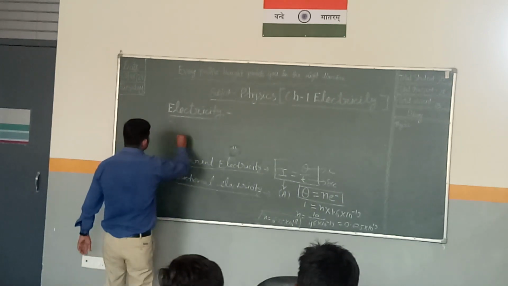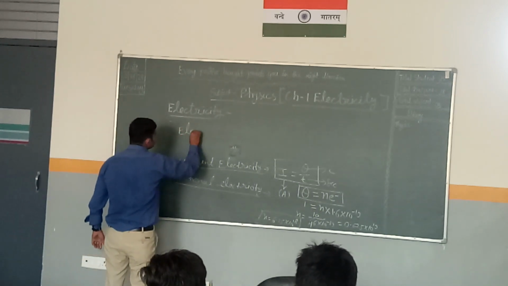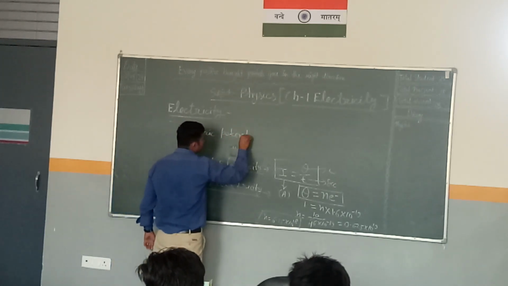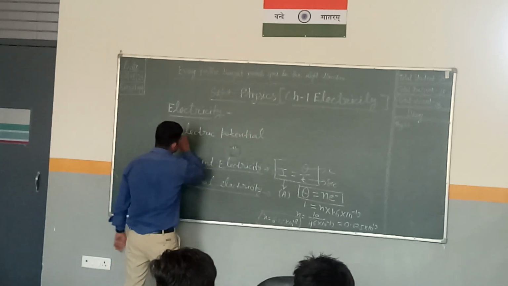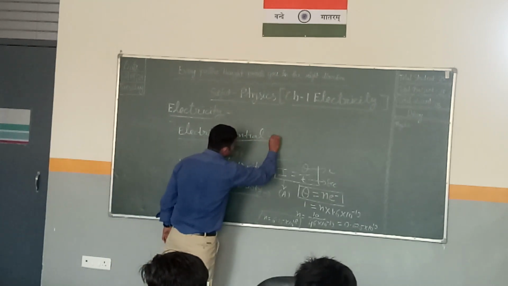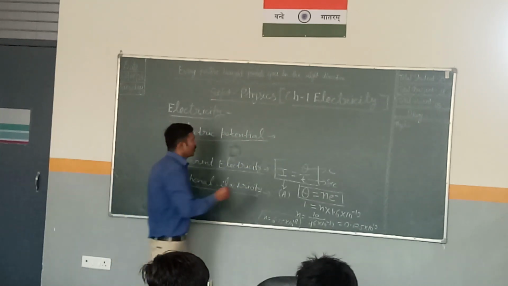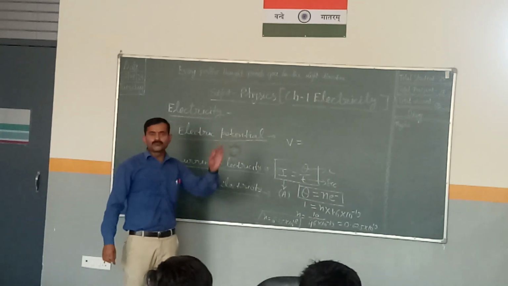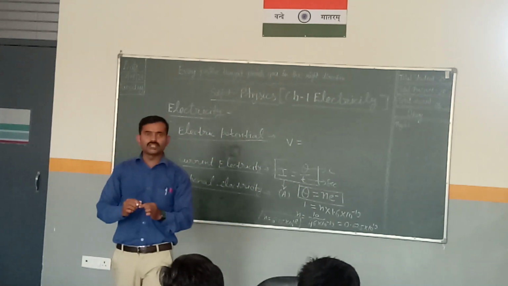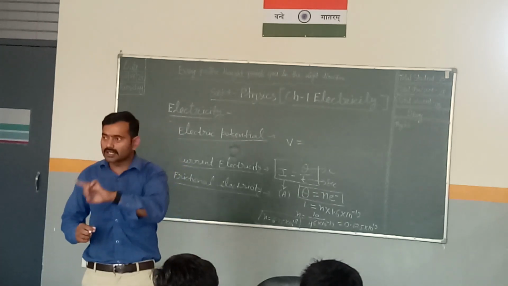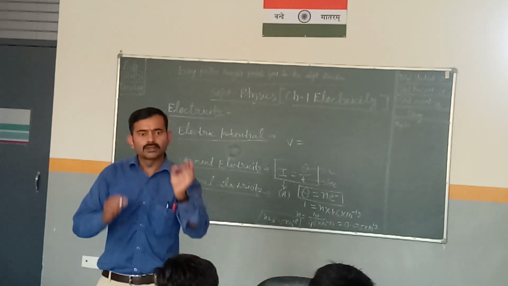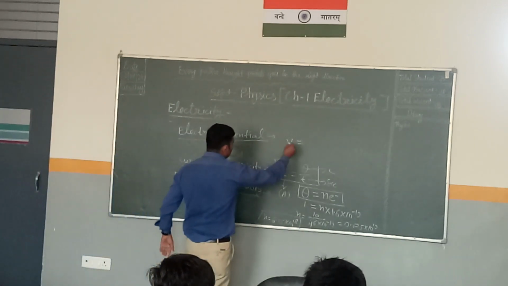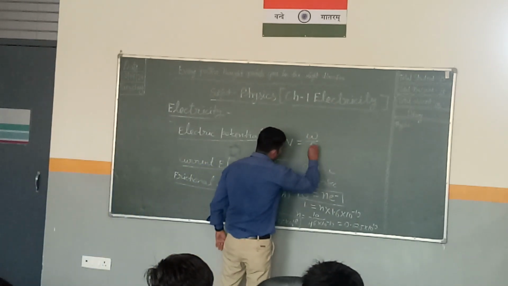Electric potential is always represented by V. Electric potential is defined as the work done per unit charge. V is equal to W upon Q.